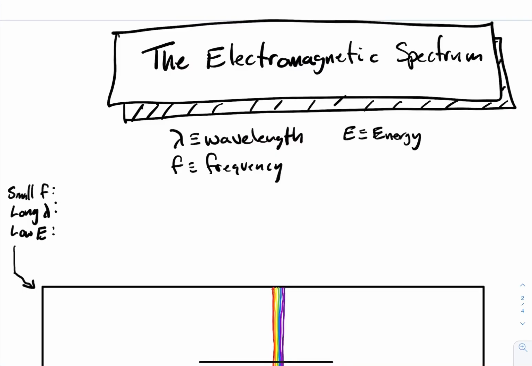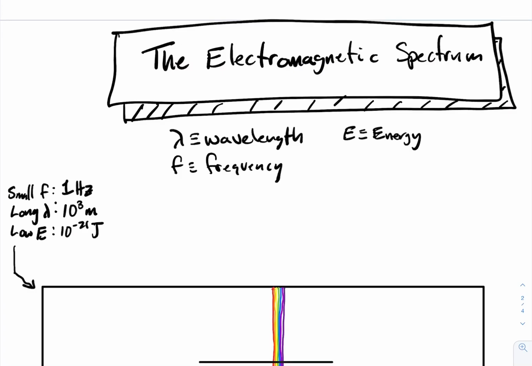A small frequency would be something like 1 hertz. A long wavelength would be something like 1,000 meters or 1 kilometer. And low energy might be anywhere from 10 to the negative 21 to 10 to the negative 18 maybe joules. So we're going to put 10 to the negative 21 joules there.